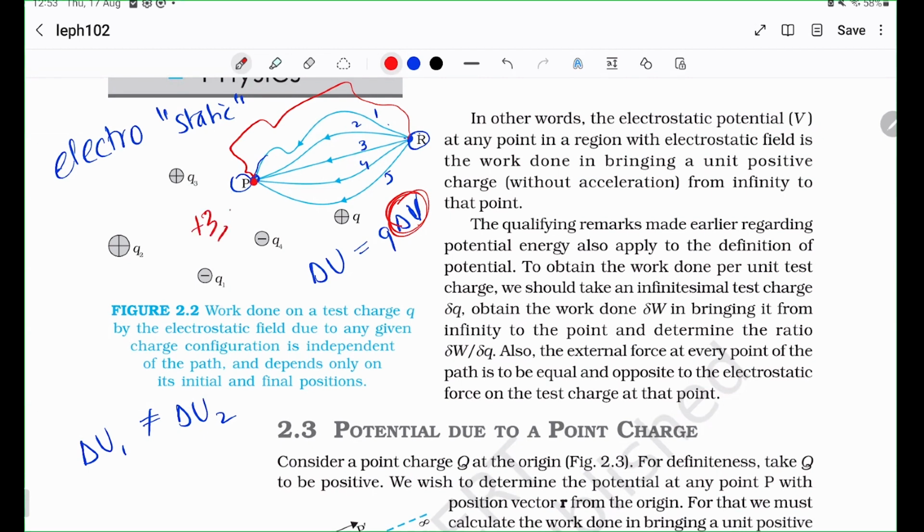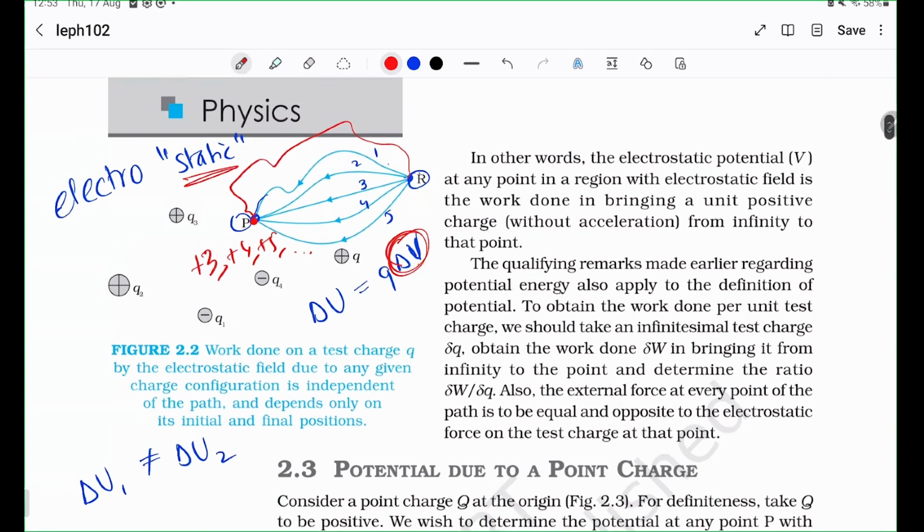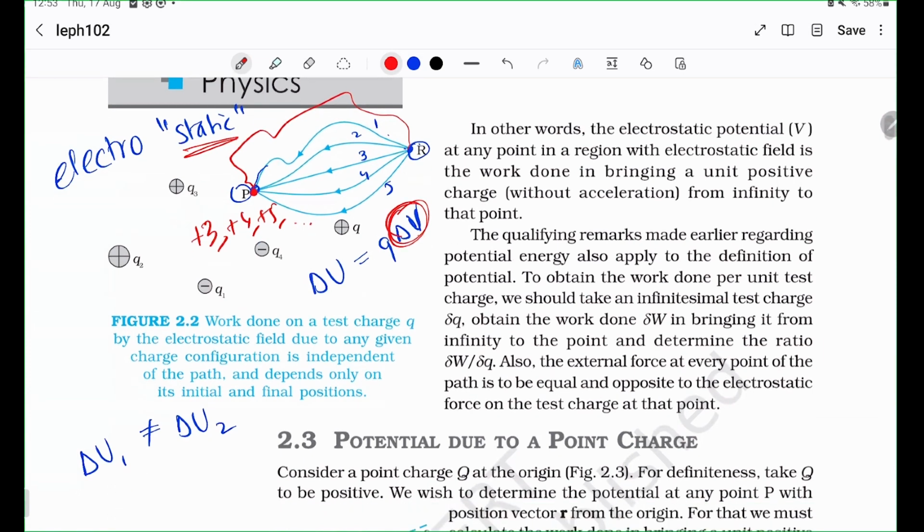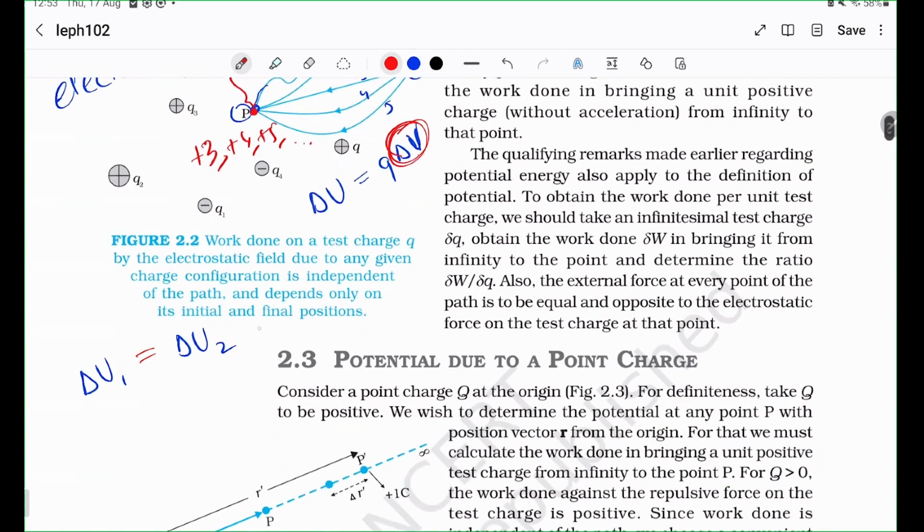It could be plus 3, plus 4, plus 5 or whatever. There's no point in a point which has an infinite number of possible potentials. So it would make no sense to define something called a potential in that case. That's why only for the electrostatic field, because it's conservative, all the delta U's are the same. Because of that, you can equate all of these delta U's to the same Q times delta V. That's why you have the same delta V between 2 points.